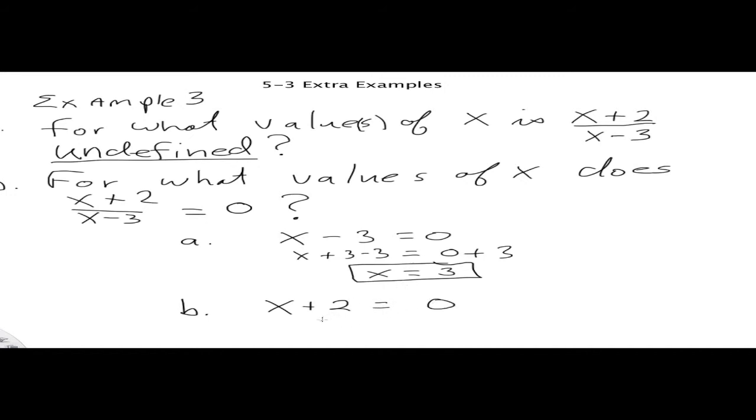Subtract 2 from both sides. 2 minus 2 is 0, so I have x equals 0 minus 2, which is a negative 2. And I know now that my answer to this question of when would it equal 0 is when x equals a negative 2. Those are our answers for extra example number 3.